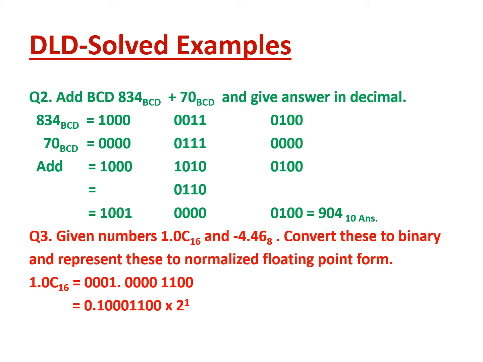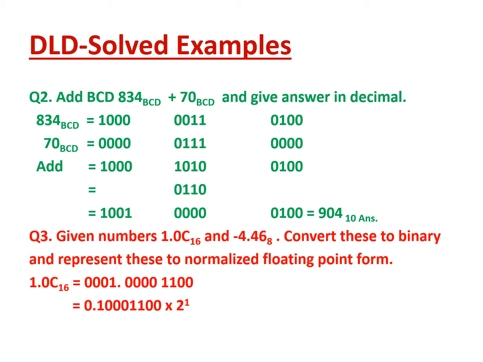For example, 834 BCD, we convert it into binary, and as you know, every BCD digit is represented by 4 bits. So 8 is represented by 1000. Similarly, 3 is represented by 0011, and 4 by 0100.